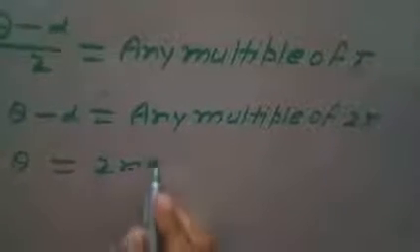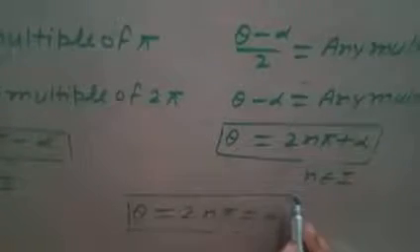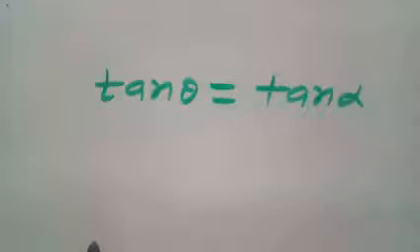Moving this side, theta is equal to, we can write, 2n pi plus alpha, here n is an integer. So by these two we can see theta is equal to 2n pi plus minus alpha. This is the required solution for cos theta is equal to cos alpha.